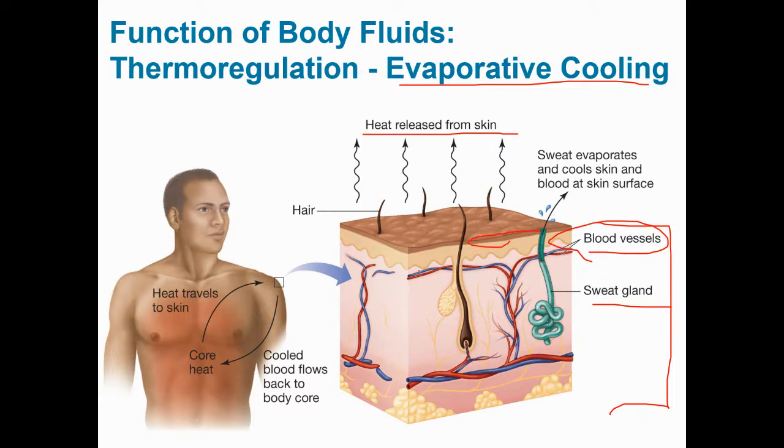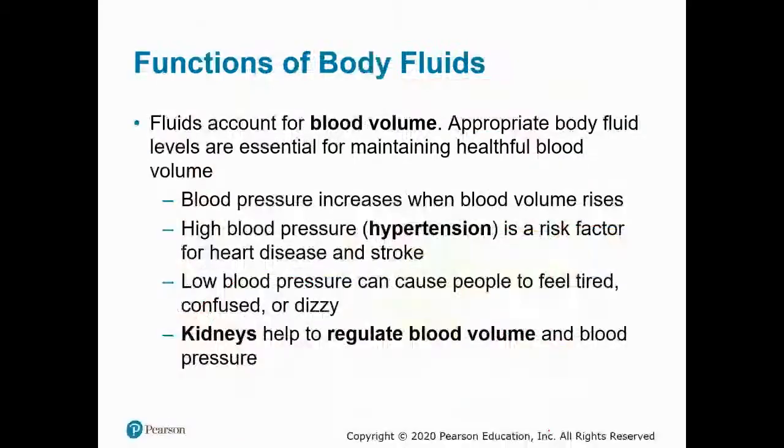And then any of the blood vessels that are close to the skin are going to cool. The blood in the vessels will cool too. So as that blood returns to systemic circulation, right, it's going to be cooler. And so cool blood is going to flow back to the body core and then back out to other areas of the body and cool us down. So that happens because of water content in our bodies.